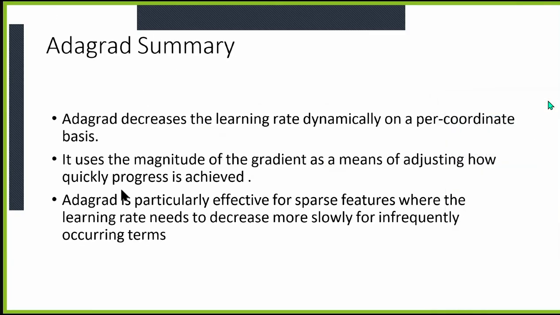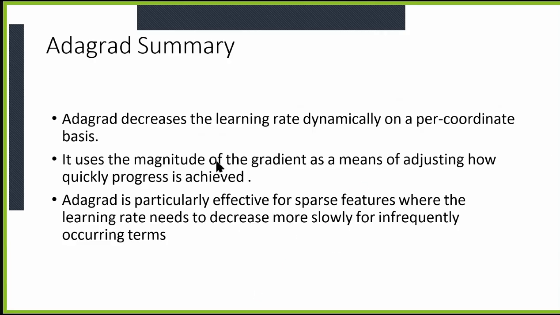So basically, the per-weight differentiating of the update for each weight is formally called a per-coordinate update, and it's using the magnitude of the accumulated gradient as a proxy for how frequently this weight was updated.